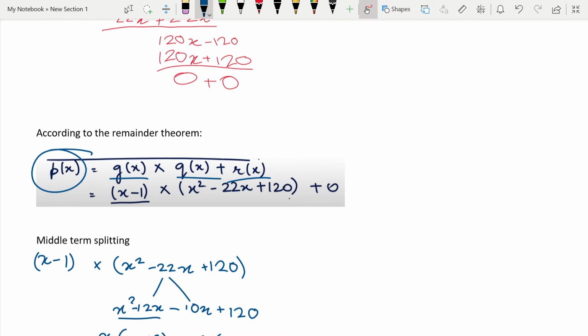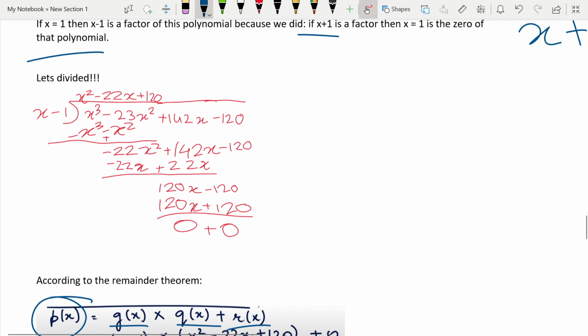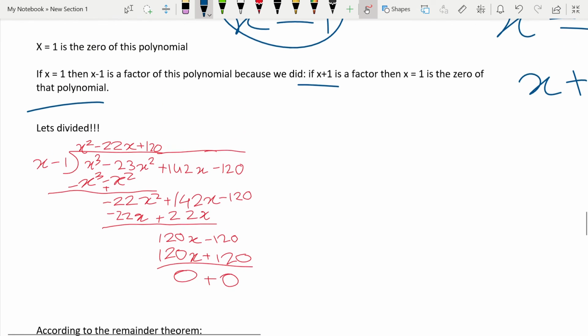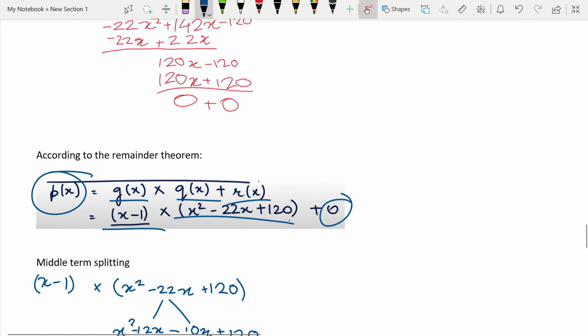So we had x minus 1 as a factor, which was our divisor as well. This is our quotient, which is the answer that we got, plus 0 because we don't have a remainder, as you can see over here.